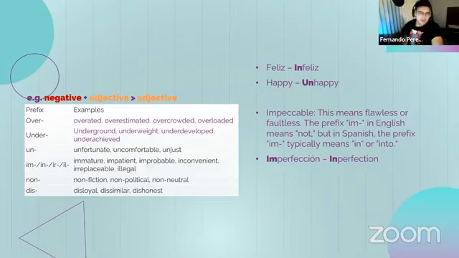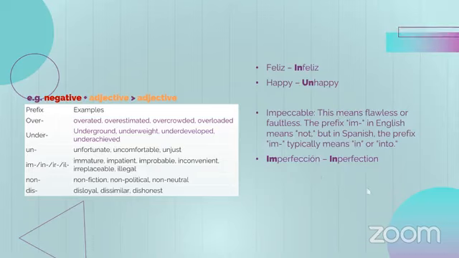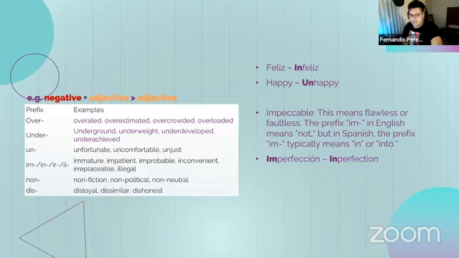Some of them are more obvious, no? Like in happy, that's very, very obvious. But some of them are not very obvious, like imperfection versus imperfection, or impeccable versus impecable in Spanish, right? Yeah. That's very, very tricky. So we have to be very careful with these details, you know?